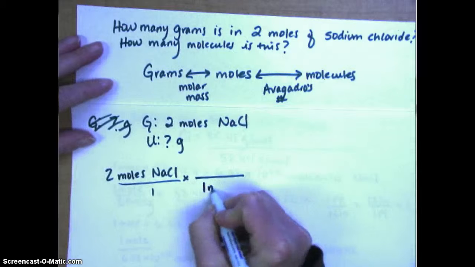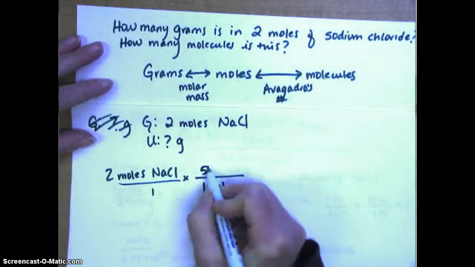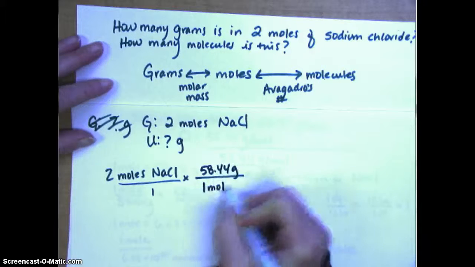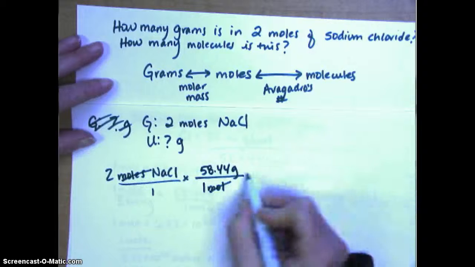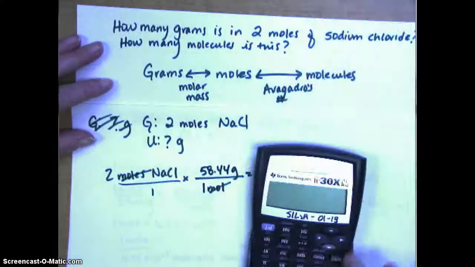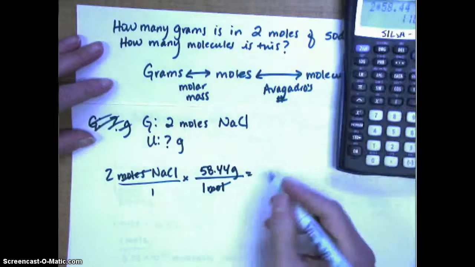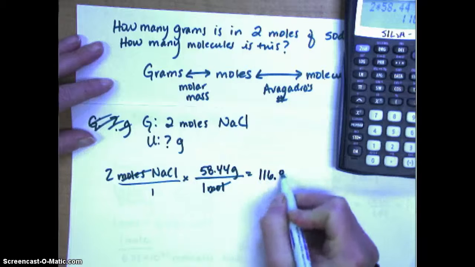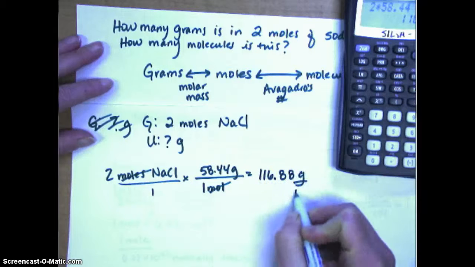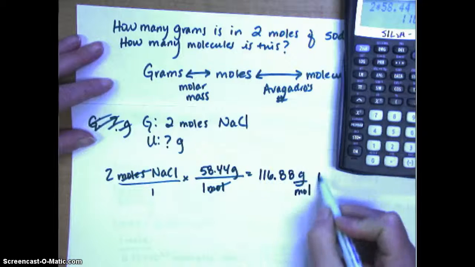So 1 mole is going to go on the bottom, 58.44 grams on the top. Moles cancels. And you're going to say 2 times 58.44 equals 116.88 grams of sodium chloride.